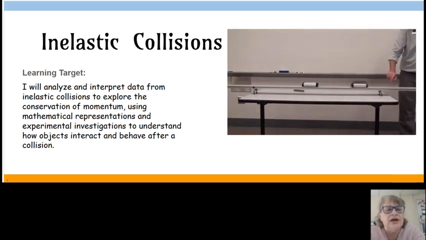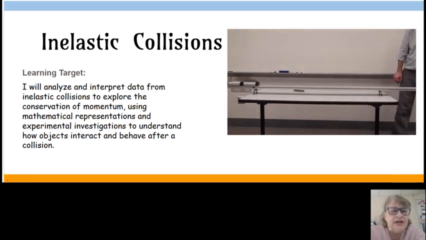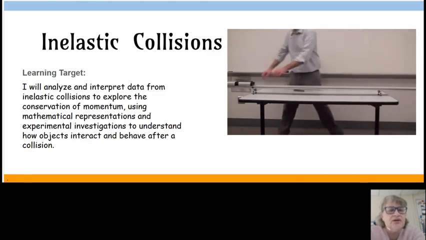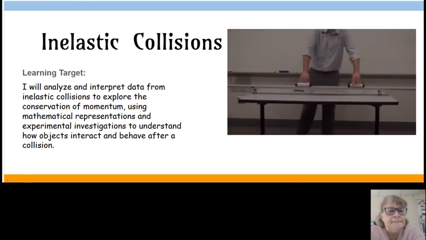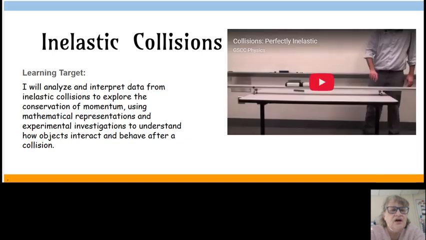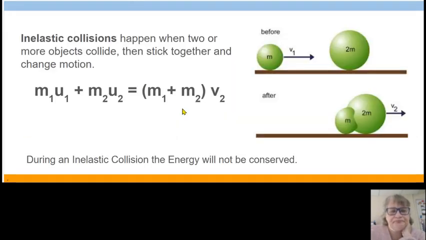Right? I will analyze and interpret data from inelastic collisions to explore the conservation of momentum using mathematical representations and experimental investigations to understand how objects interact and behave after a collision.